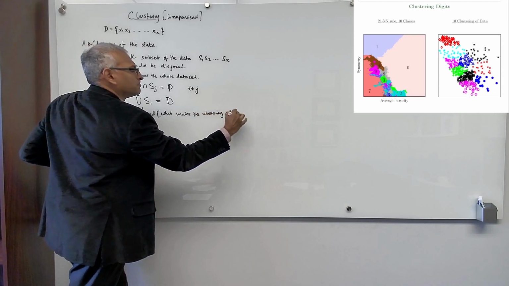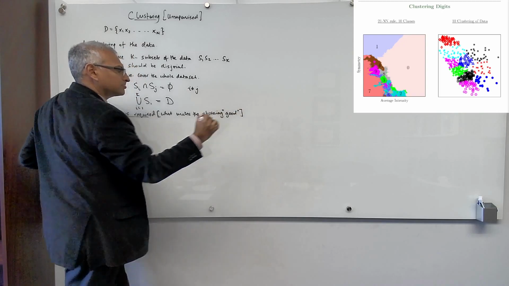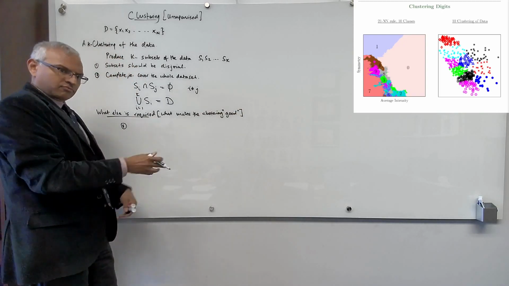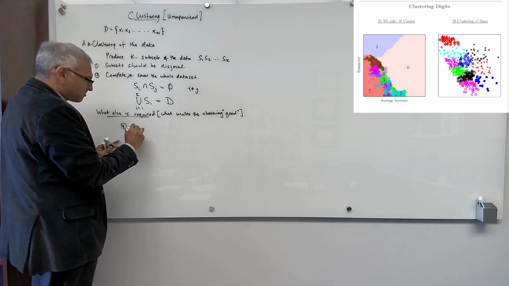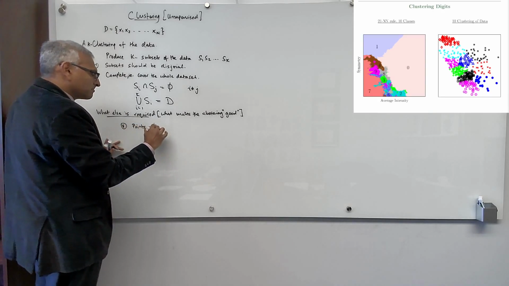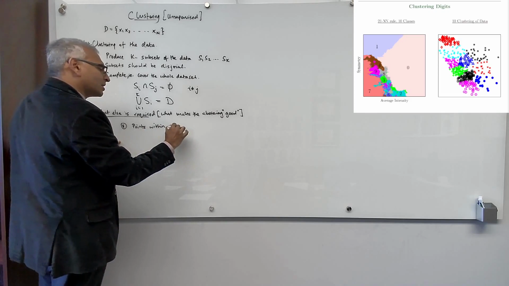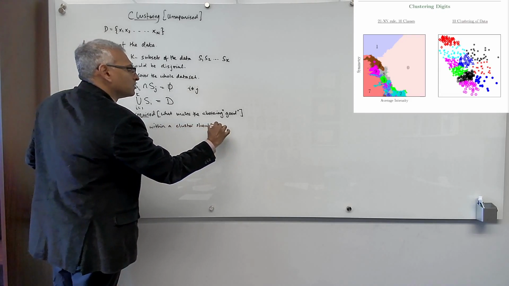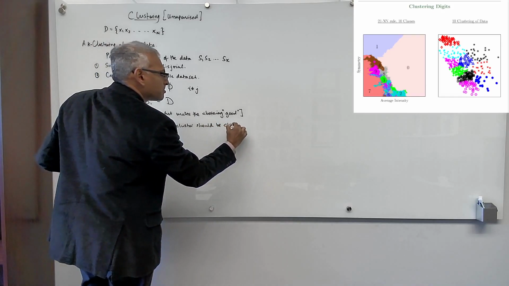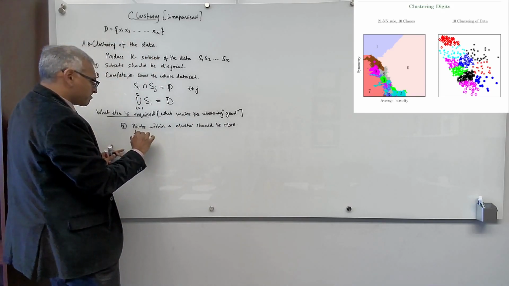From the branch and bound, we saw that we like clusters to be tight. So points within a cluster should be close to each other.